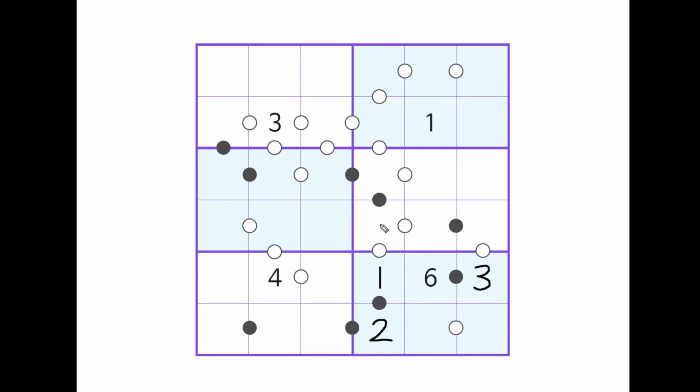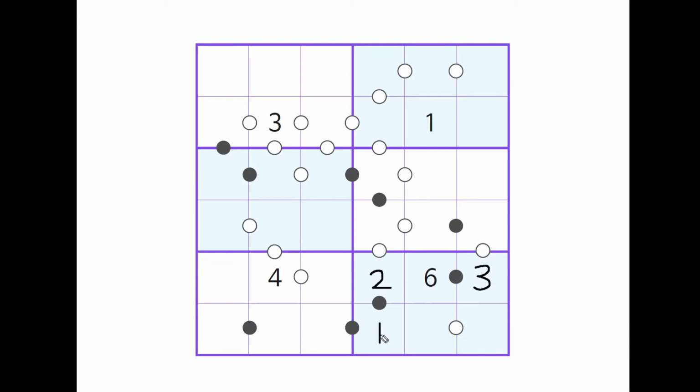Now, the only number we can put here is 2. However, this would break the rules of classic Sudoku, because each column must have only one instance of each number from 1 to 6. So since the number 2 appears multiple times in this fourth column, this configuration would be incorrect. So by deduction, we know that we must place the number 2 here and the number 1 here.